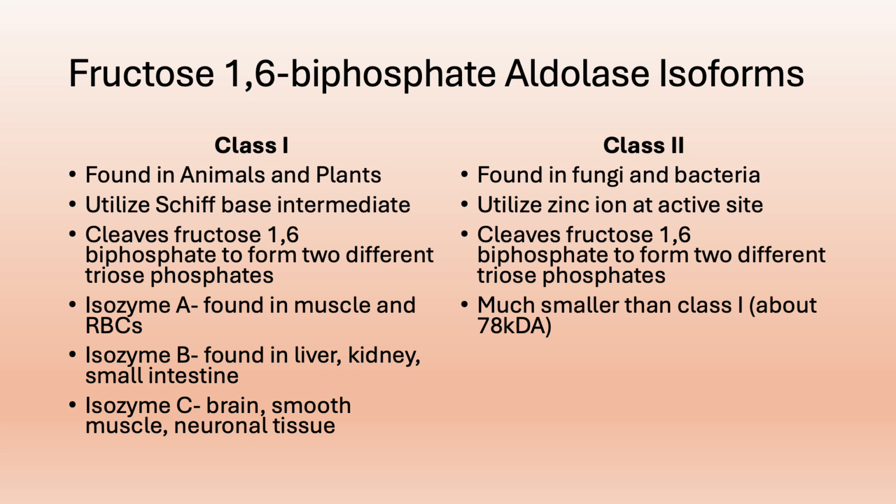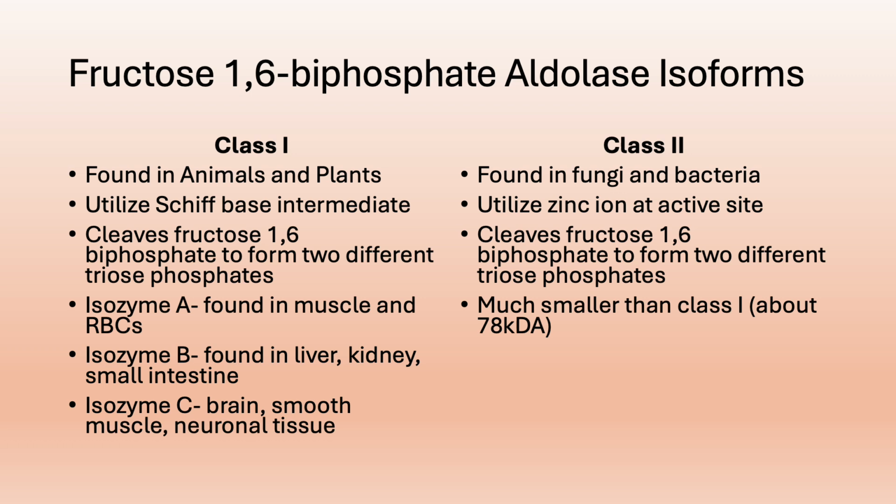So there are actually two classes of aldolases, class 1 and class 2. Class 1 aldolases are found in animals and plants, and class 2 aldolases are found in fungi and bacteria and some protists. The difference between these two is that class 1 aldolases use a mechanism which forms something called a Schiff base intermediate, which is a little protonated area within the active site of the enzyme that delocalizes electrons to help facilitate those remaining enzymatic steps.